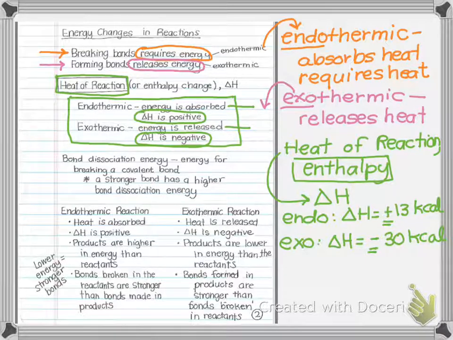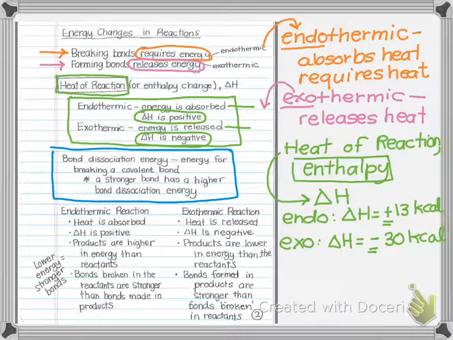Now, when we're talking about bonds, they're not all created equal. In this course, we're not going to do anything with the calculations, but so you understand, depending on the bond, things will change. The energy it takes to break a bond is the bond dissociation energy, the energy for breaking a covalent bond.